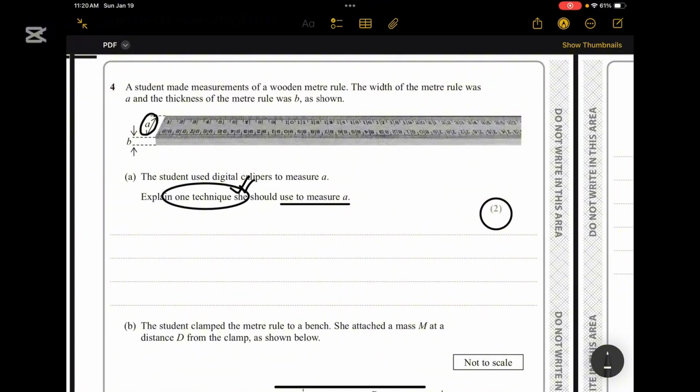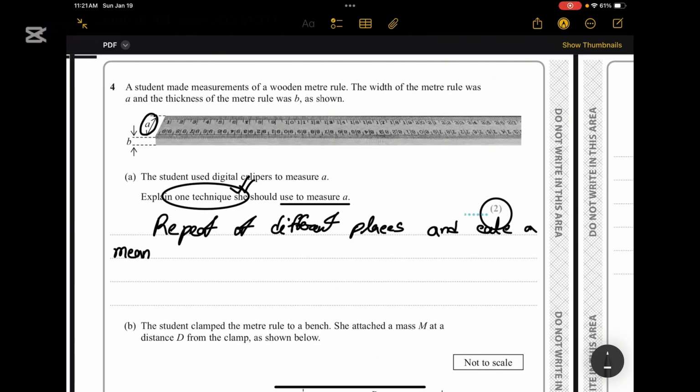So repeat at different places and calculate a mean. The second point should be why, to reduce random errors.